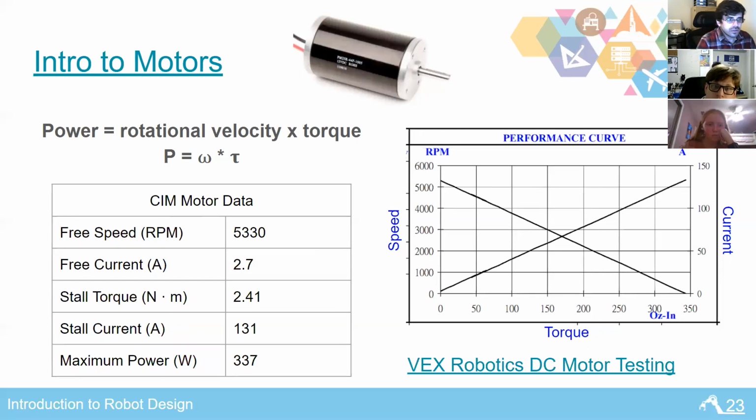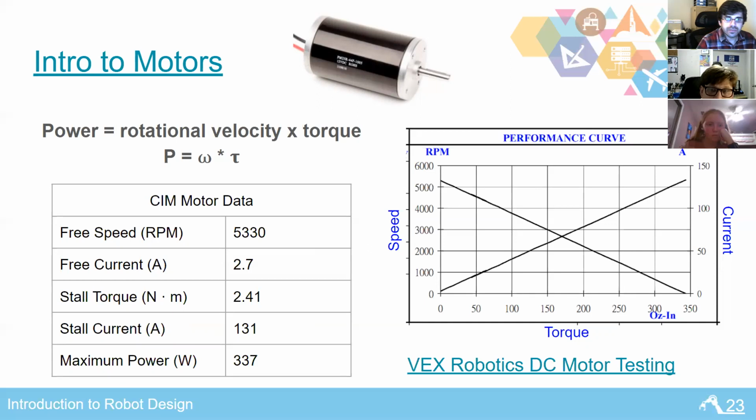Motors are really important. We use a lot of them on the robot. They're the main actuator that we use. Electric motors behave, for the most part, pretty linearly.